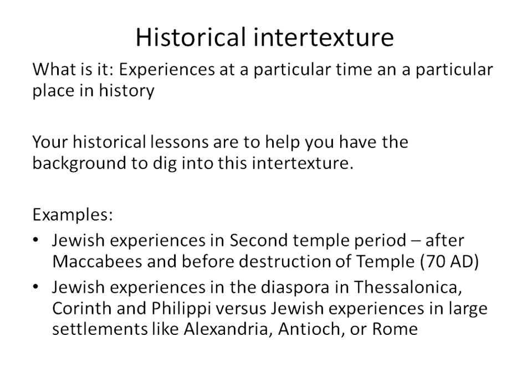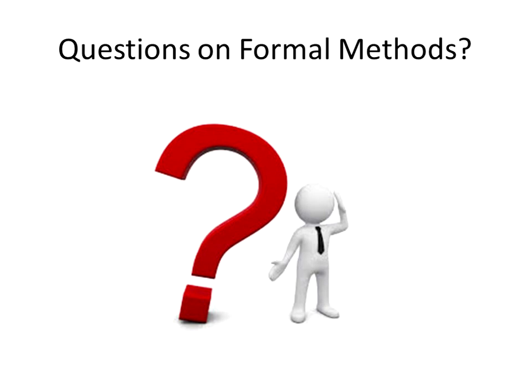Understanding that these letters were written before the destruction of the temple is important. The Jewish experiences in the Diaspora in Thessalonica and Corinth were vastly different than the Jewish experience in a large settlement like Alexandria, Antioch, or Rome. Understanding those historical contexts will give you the view of what was supposed to be written.